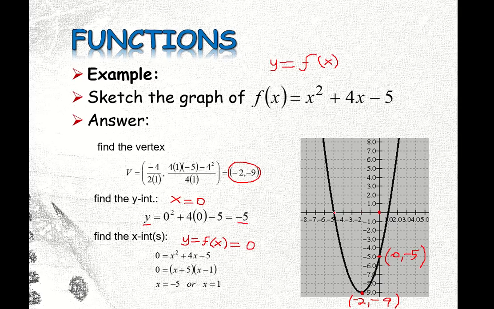We have 2 points when y is 0: x equal to minus 5 and x equal to 1. So the coordinate of this point is x equal to minus 5, and the y here is 0. Okay, so this is the other point.